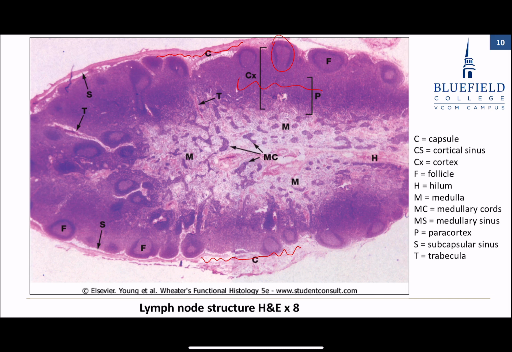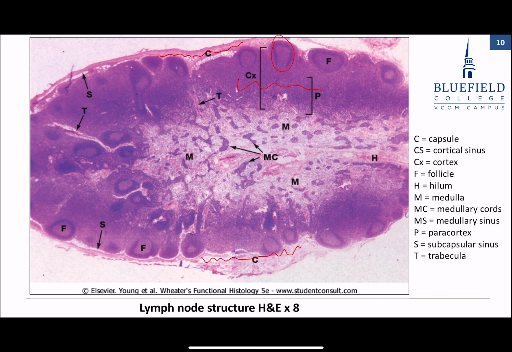You know that lymph nodes, when there's infection there, swell up and they are painful. And the reason that they're painful is you're stretching on that tough leathery capsule that doesn't want to stretch that much.